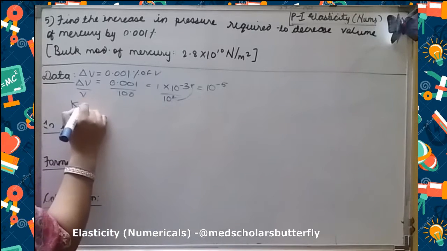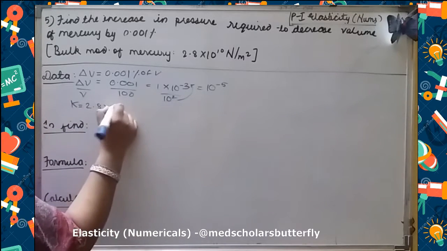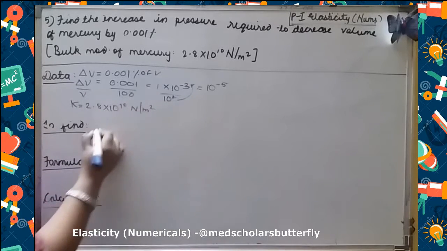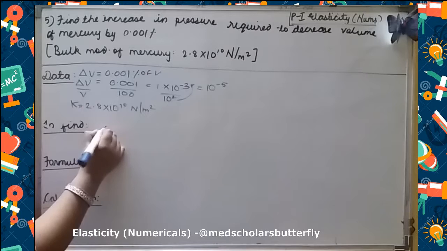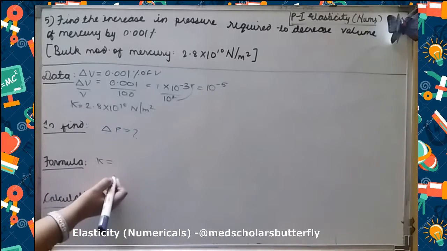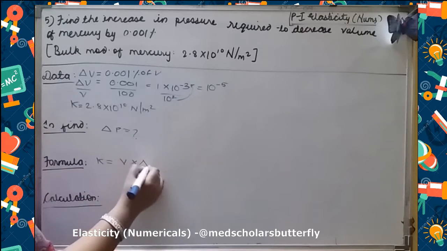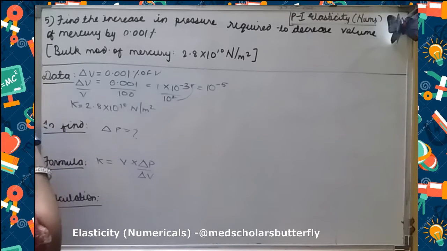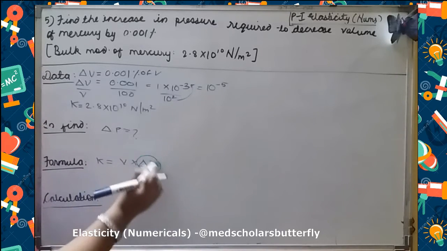You are given with K 2.8 into 10 raised to 10 Newton per meter square. You have to find increase in pressure delta P. You are given with the formula K is equals to V into delta P upon delta V, from which you have to find delta P.